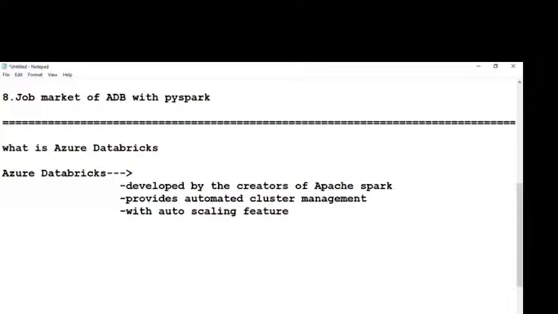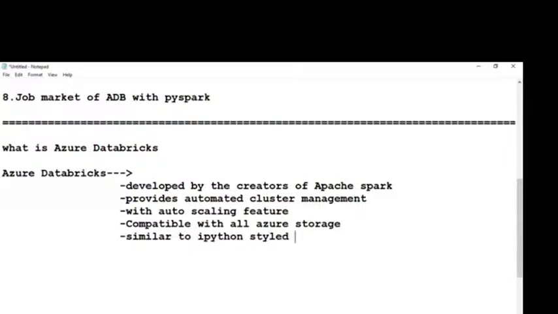Whenever required it can increase, and whenever required it will decrease. It is also compatible with all Azure storage, and it offers IPython styled notebooks.